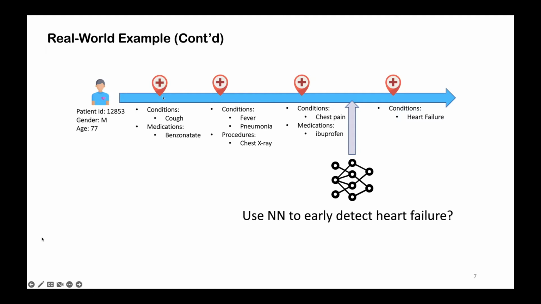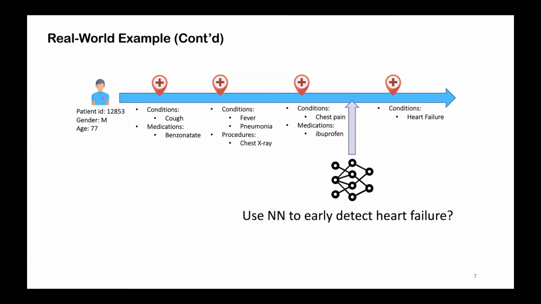For example, in the first visit, the patient has the disease cough, and was prescribed some medications for this symptom. In the second one, the patient developed fever and pneumonia and was given a chest X-ray. In the third one, the patient was diagnosed with chest pain and was given some pain reliever. And in the very last hospital admission, the patient is diagnosed with heart failure.